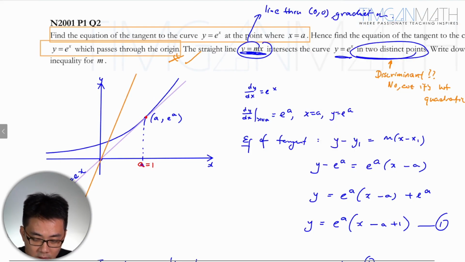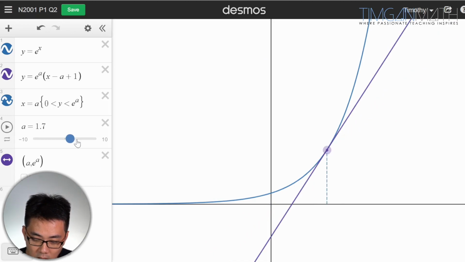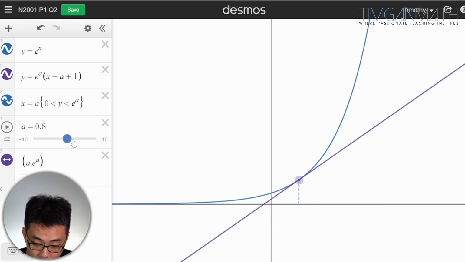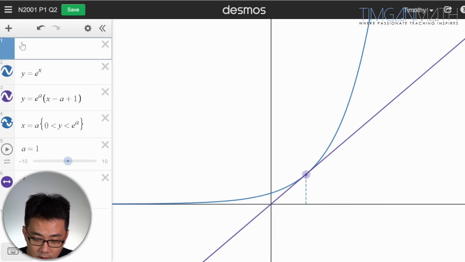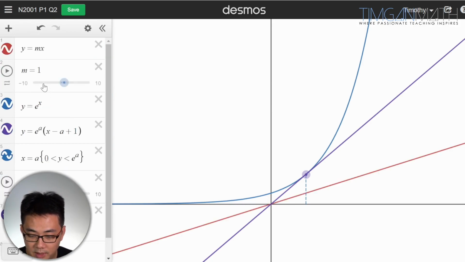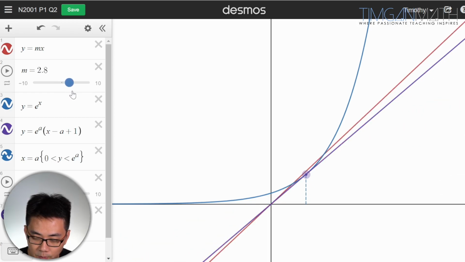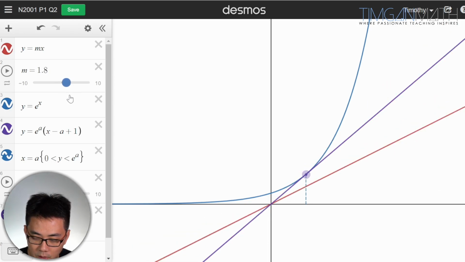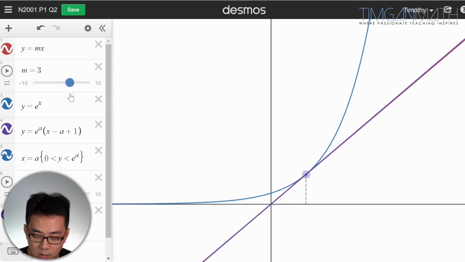Take note, you already found the tangent which passes through the origin. Now you want the line y equals mx, which passes through the origin, to cut the curve twice.